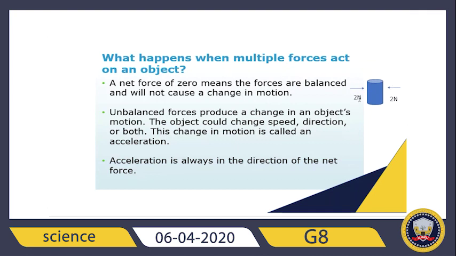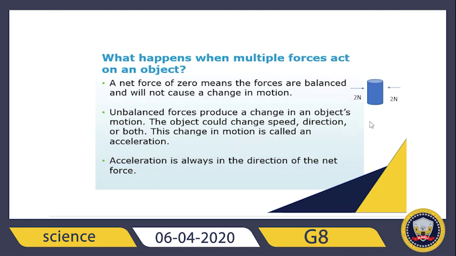2 Newton for both forces, but as we can see, they are acting in opposite directions. So now if we want to calculate a net force for these two forces acting on this object, again the equation will be, as we said, for forces acting in opposite directions, we need to subtract one force from the other.